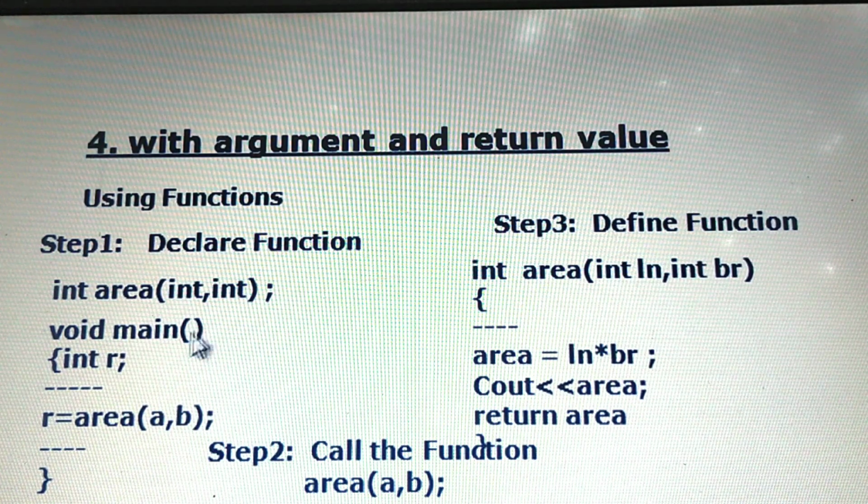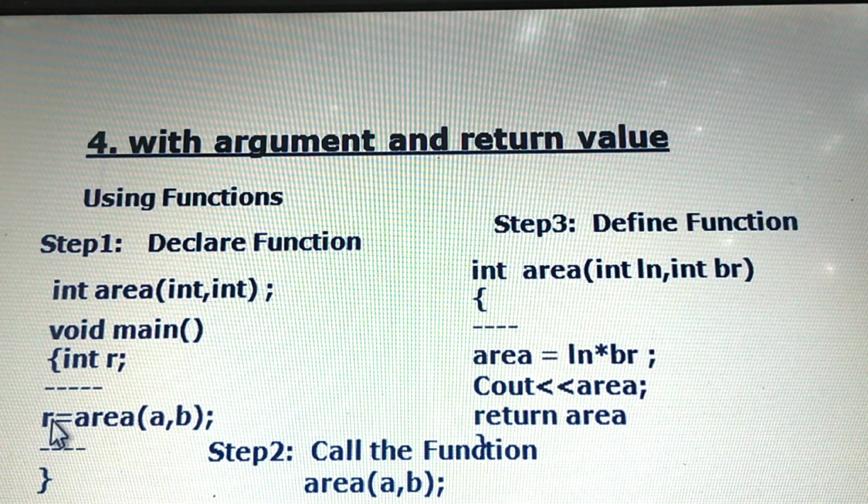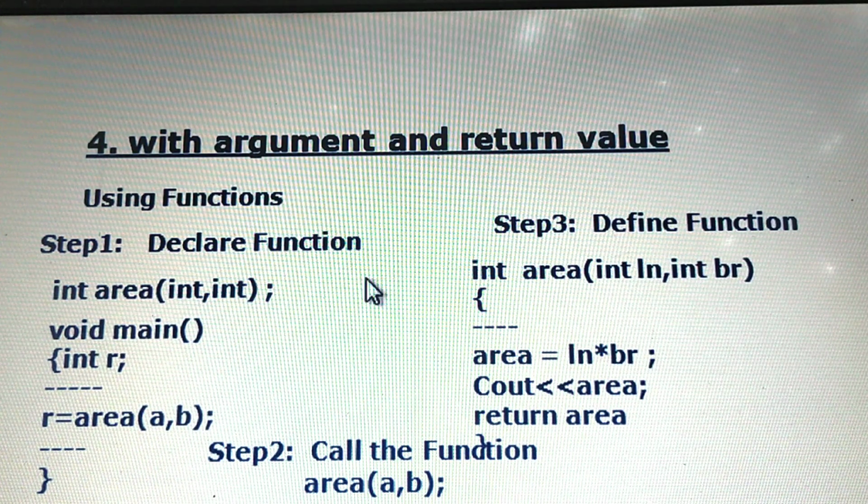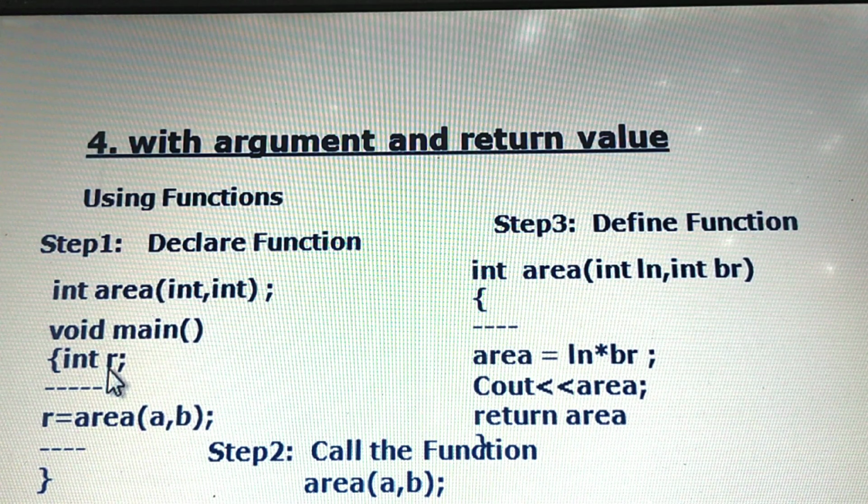Declaration is over. Then the main program starts. Here we call the function with 2 arguments: area with the arguments separated by a comma, then a semicolon. But here is one difference. In the main program, for this type of function with a returning value, we need one variable. Why?